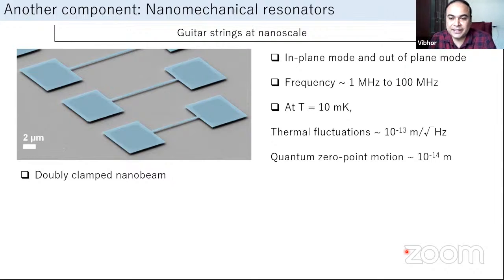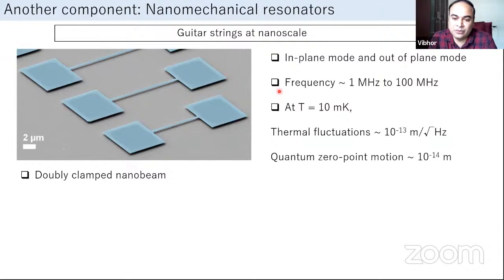Just a quick introduction to these mechanical resonators. What you see in this image is a beam-shaped mechanical resonator of silicon nitride. They can have two types of modes when they vibrate, in-plane and out-of-plane modes. Typically, the frequency of these modes is in the range of 1 megahertz to 100 megahertz. Once they are cooled down to very low temperature, like 10 millikelvin, most of the thermal fluctuation is gone.